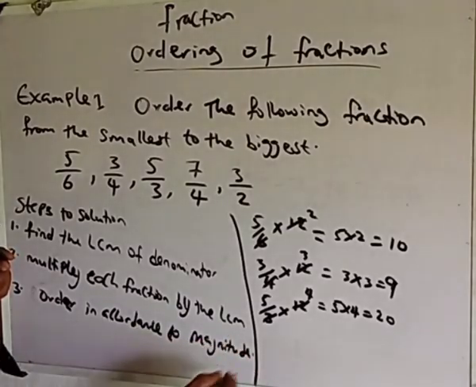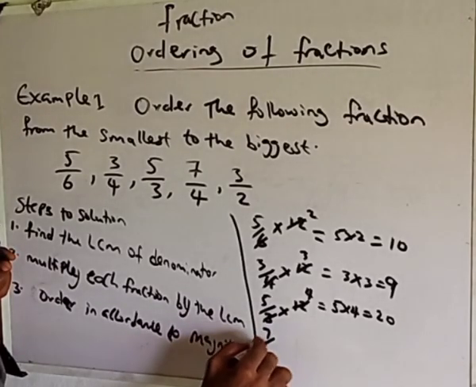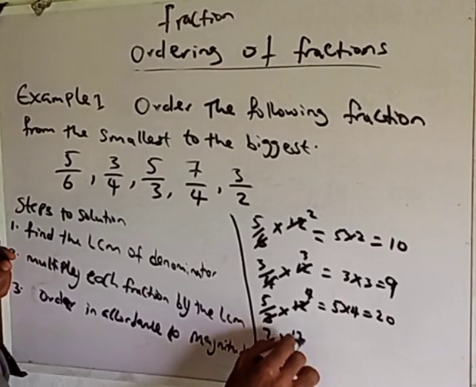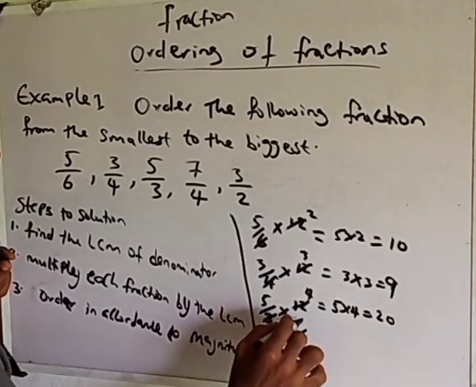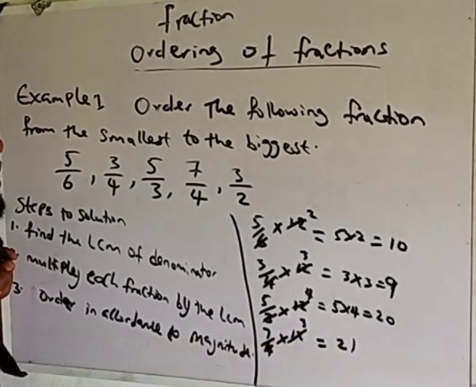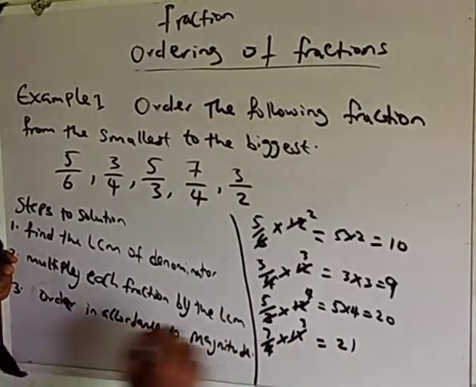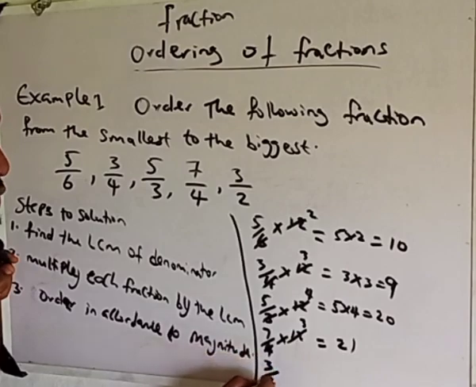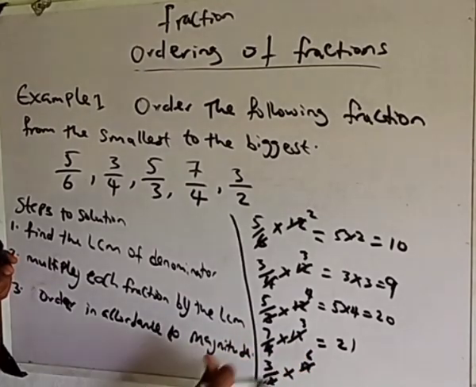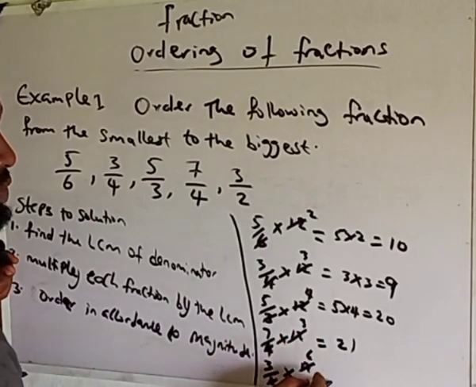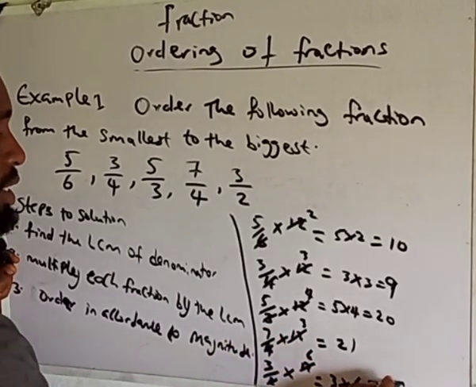The next thing we have is 7 over 4 times 12. This can cancel this, and I'll have 3. 7 times 3 will give me 21, right? Then the last thing I have is 3 over 2 times 12. This can cancel this, and I have 6. 3 times 6 is equal to 18.